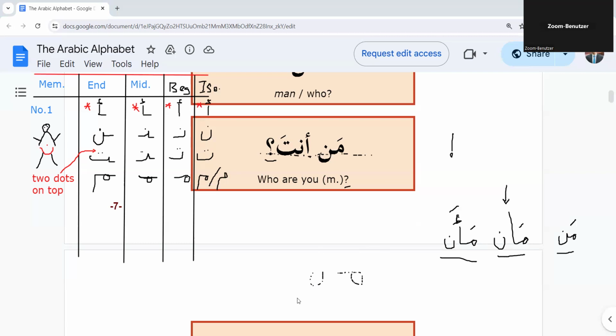So we always start from the right to the left and from top to bottom. And for example, while writing the alif, we write the alif and then we put the hamza above it. Okay, so I finished. Great. Let's rejoin again in the same link, okay? Okay.